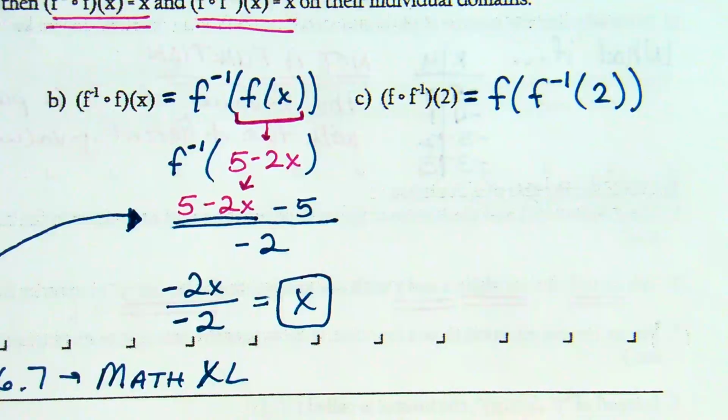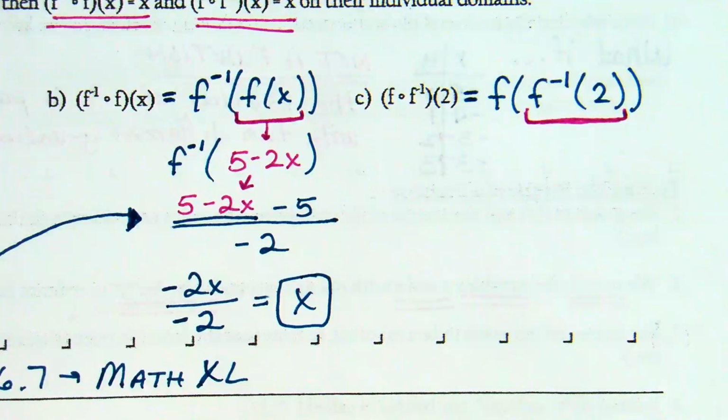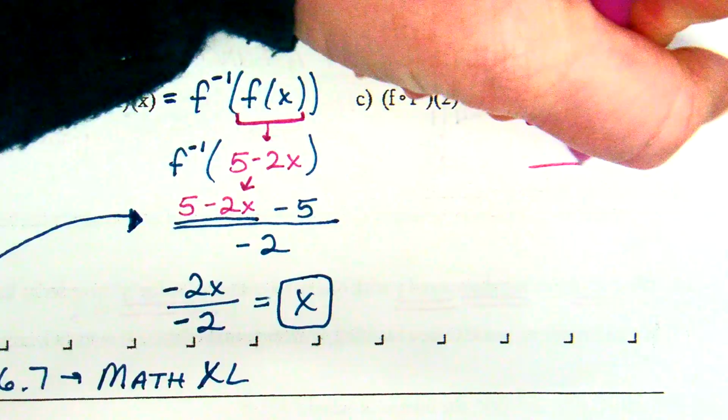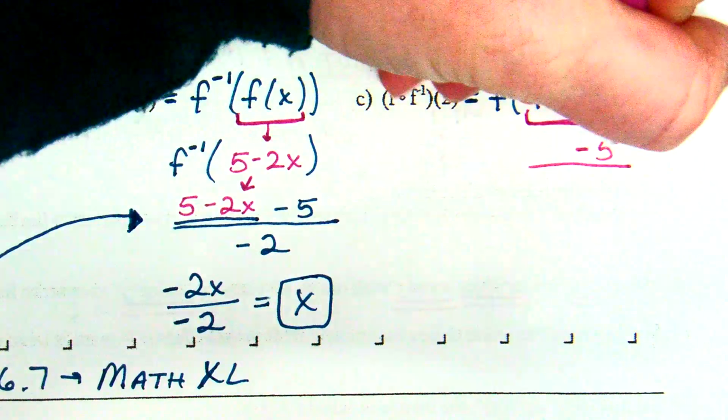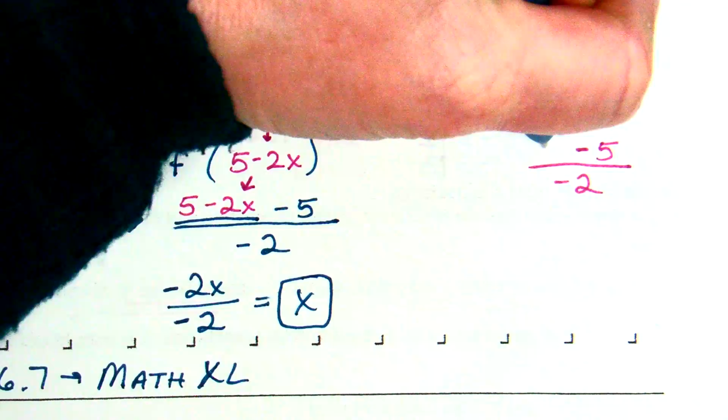So 2 minus 5 divided by negative 2. What's 2 minus 5? Negative 3 divided by negative 2. What's a negative divided by a negative? Positive. So could we also say that's positive 3/2? Now, that was me doing f inverse of 2, and I got 3/2.